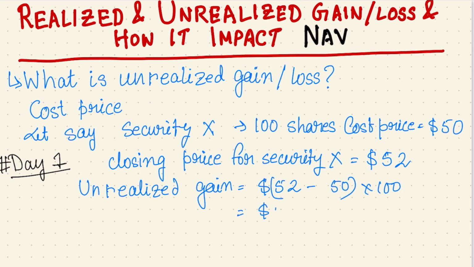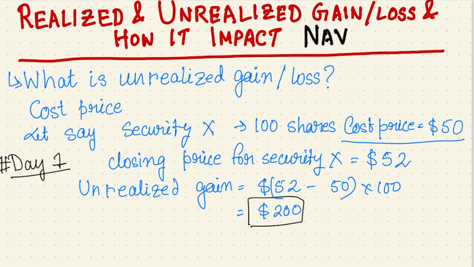In this case, it will be $200. Because my price has increased and I have not sold the security yet, I have just purchased it at my cost price of $50, and as the price has moved up while I am holding this security, I have an unrealized gain of $200.